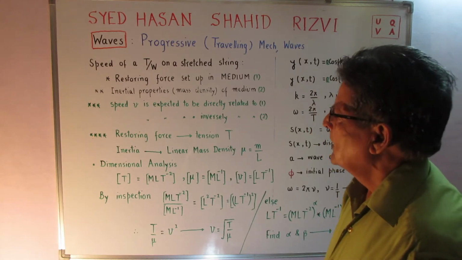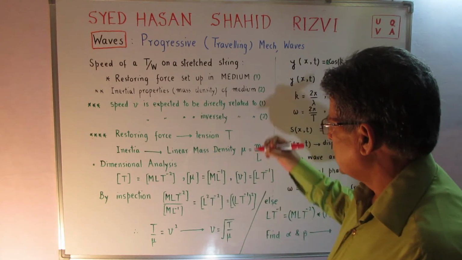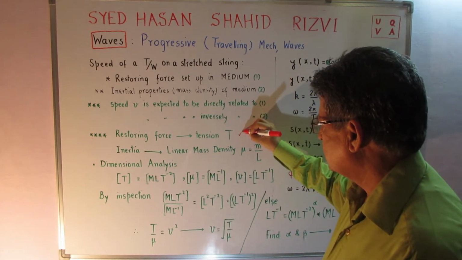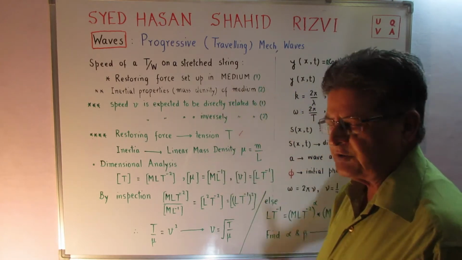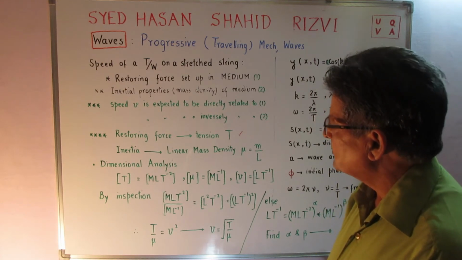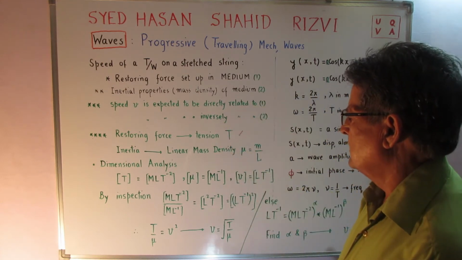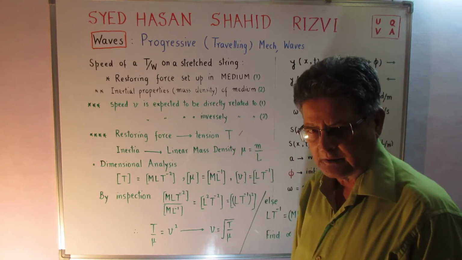These are some expectations, broad speculations. Now I can say that the restoring force is inherent in the tension. Sorry that I have to use T for different things, because of the paucity of terms, but I will have the tension described here. This is not the time period.